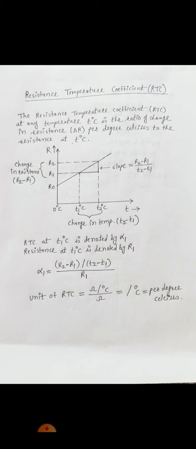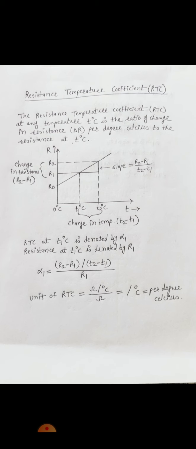So the change in resistance is R2 minus R1 and the corresponding change in temperature is T2 minus T1. If we want to calculate the RTC at T1 degree Celsius, it is denoted by alpha 1. So alpha 1 equals change in resistance per degree Celsius, that is R2 minus R1 divided by T2 minus T1, to the resistance at T1 degree Celsius.